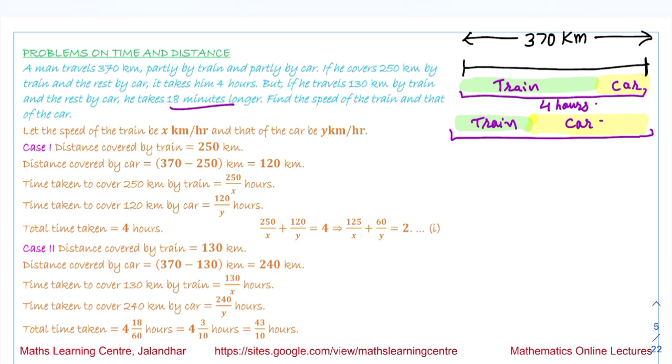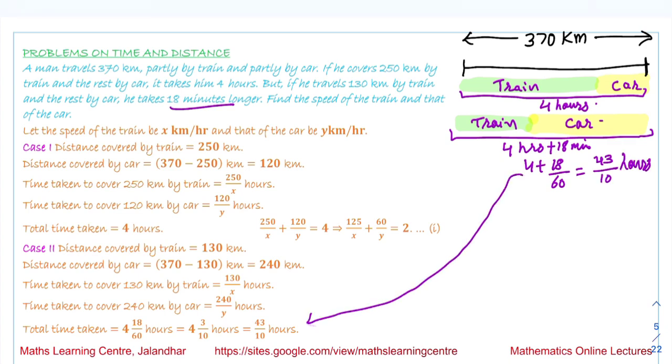So 18 minutes longer means that if this is 4 hours, then this is 4 hours plus 18 minutes. So it is 4 plus 18 by 60, that is equal to 43 by 10 hours. This calculation is shown over here, that it will take him 43 by 10 hours. Find the speed of the train and that of the car.